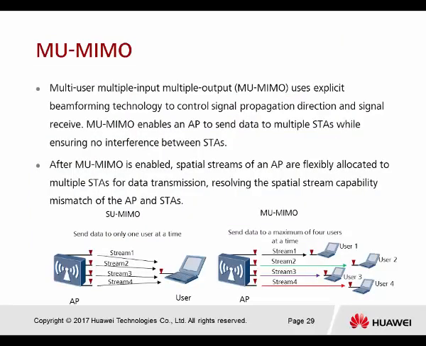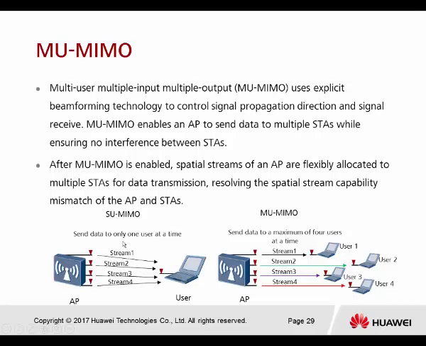And here is the MU-MIMO. This is the full name, multi-user, multiple-input, multiple-output. It uses beamforming technology to control the signal propagation direction and the signal reception. So MU-MIMO enables an AP to send data to multiple STAs, ensuring no interference between STAs.